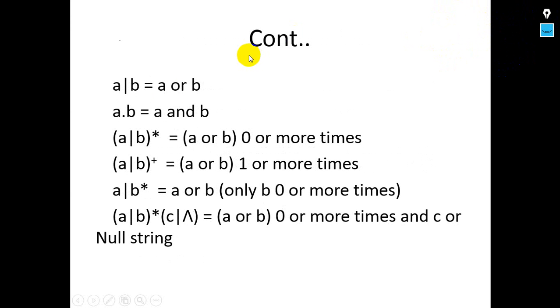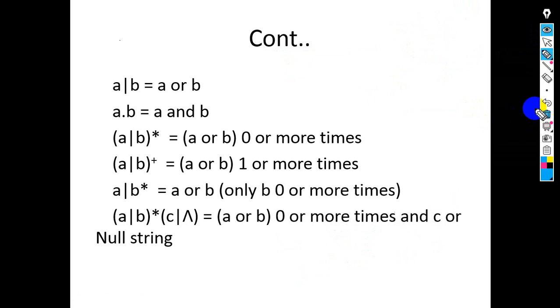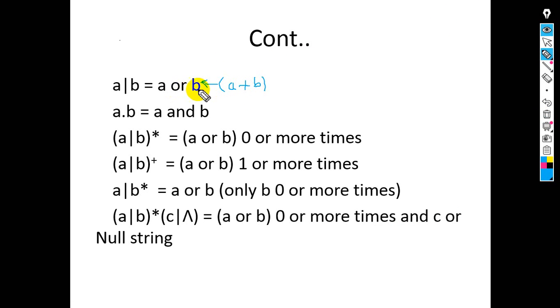These operators are A or B. We can also write A or B like this: A plus B means that this is A or B. Or A, this pipe sign, B, means A or B. A plus B is also referred to as A or B. So we are using the OR operator.